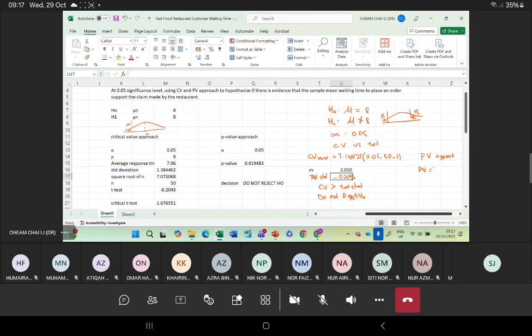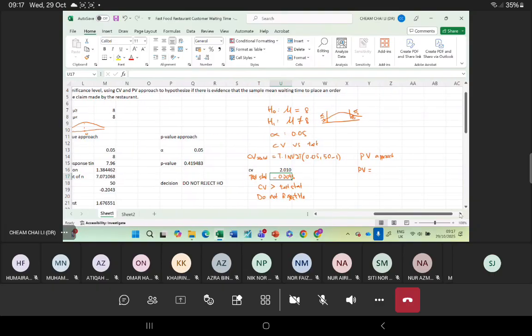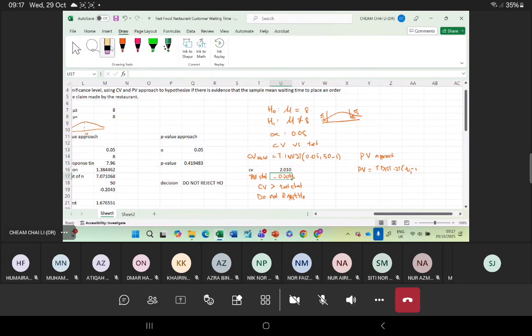For two tail, you can use this one, t dot dist dot two tail, and then you're gonna put in t and then degree of freedom.